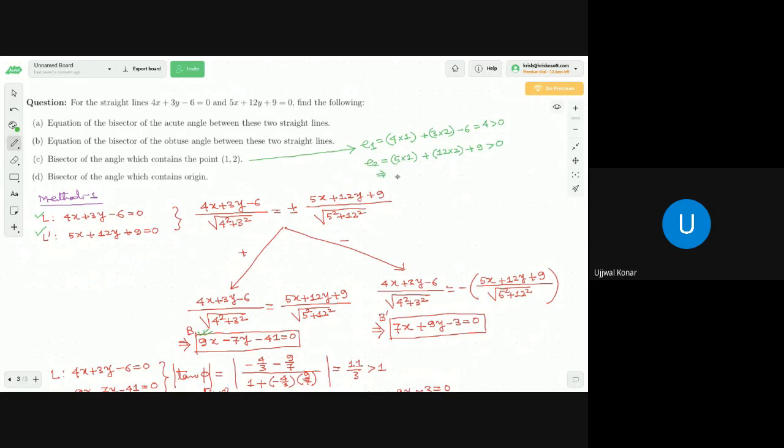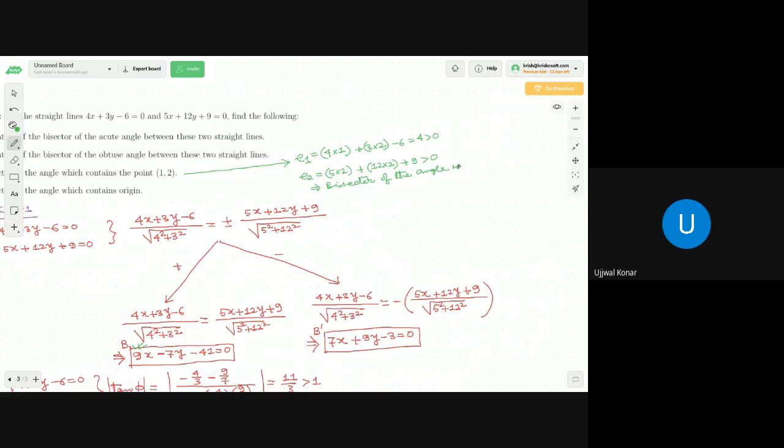That implies the bisector of the angle which contains the point 1, 2 is 9x minus 7y minus 41.